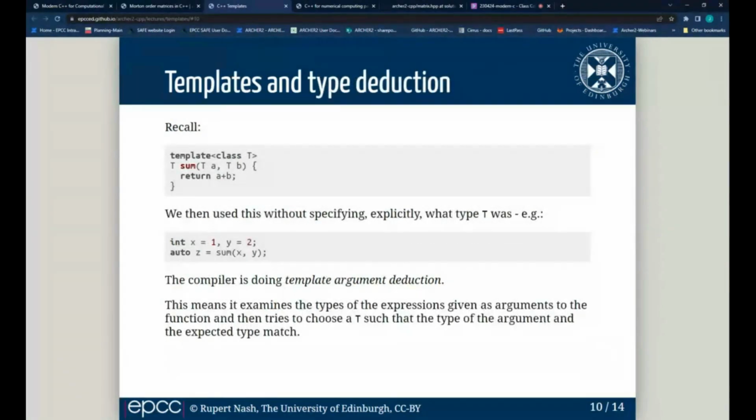So we talked a little bit about type deduction earlier, but when you're returning from functions, you can't specify what T is going to return when you don't know that ahead of time.